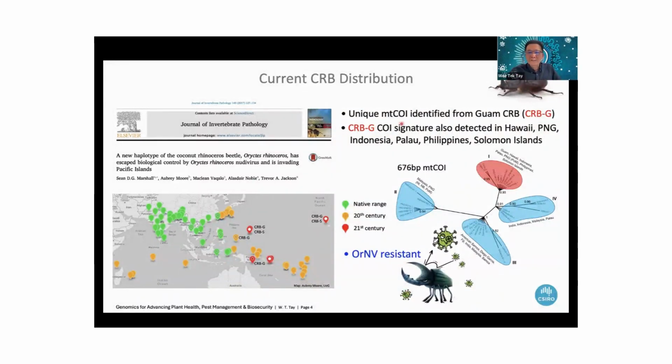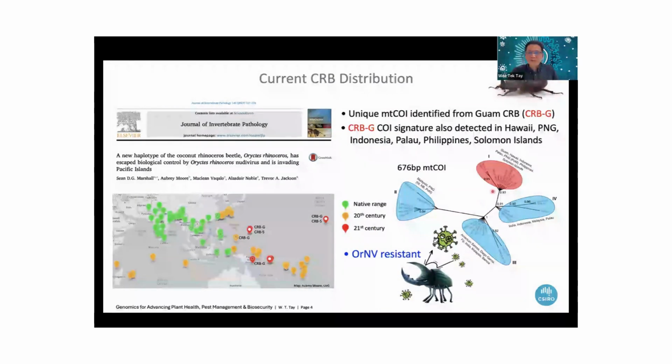Molecular markers such as the mitochondrial DNA CO1 gene, widely used for barcoding, were first employed to determine whether it is the coconut rhinoceros beetle, and it was found to be the right species.